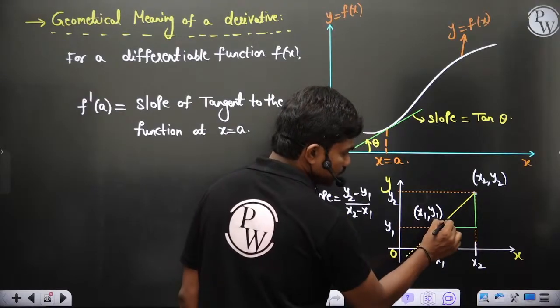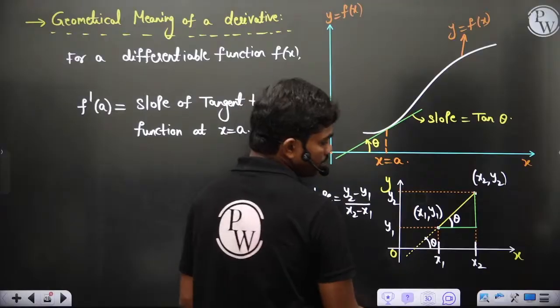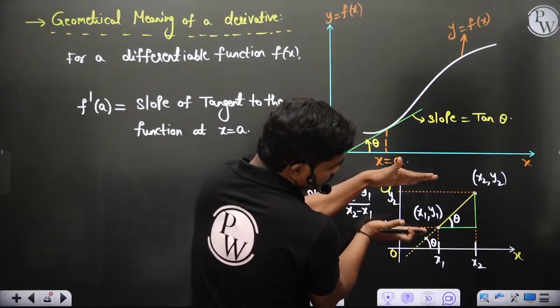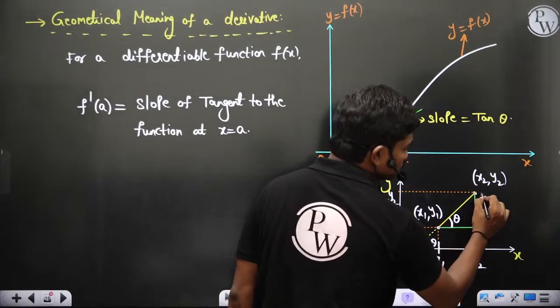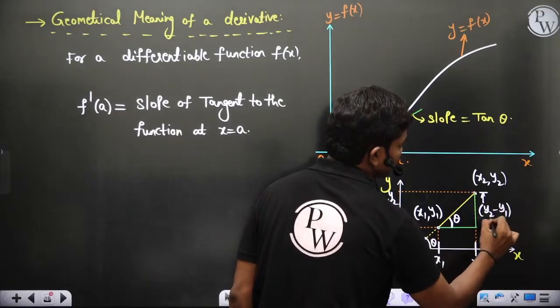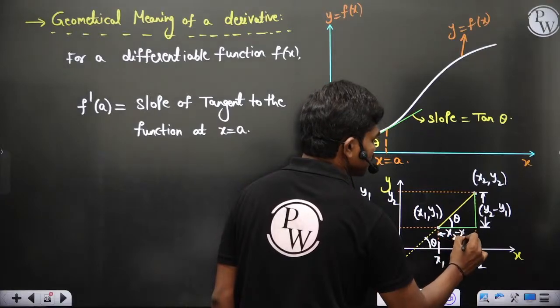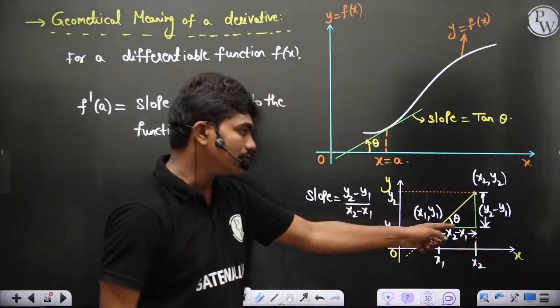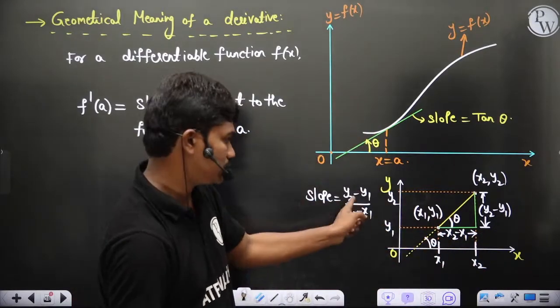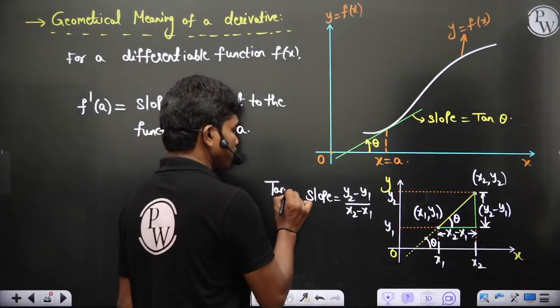So if this is theta, this is also theta, clear? And this is y1, this is y2, so this difference is y2 minus y1, and this is x2 minus x1. So if you take tan theta, it is y2 minus y1 by x2 minus x1, which is this. So this is also the same as tan theta.